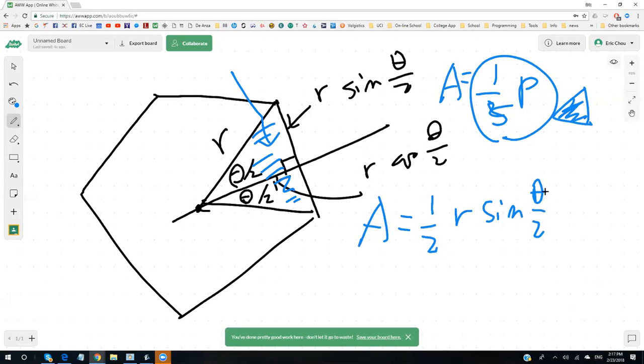Wait, no, actually this should be times 2, because the base is 2 times r cosine half theta.